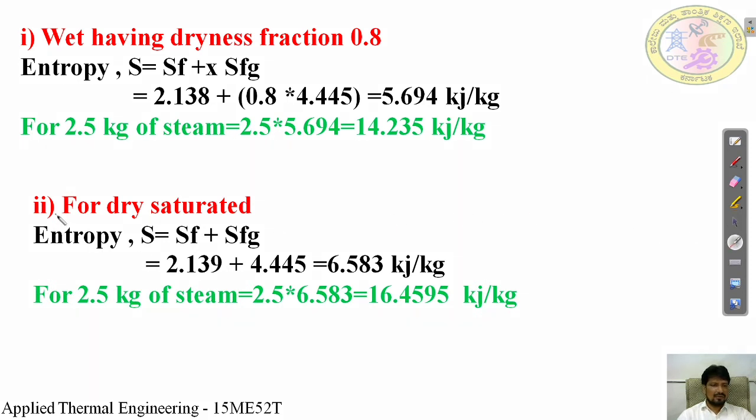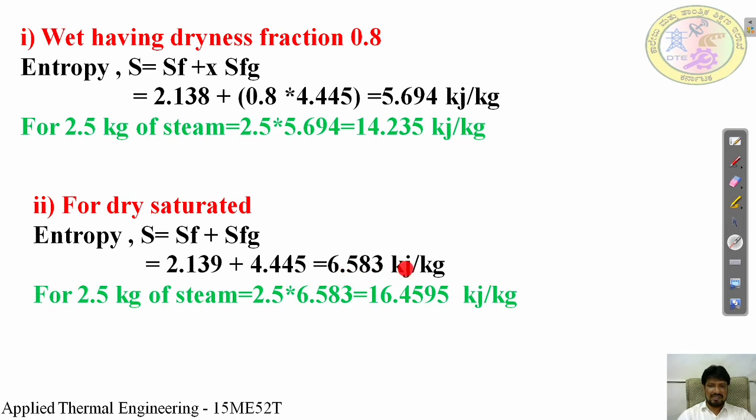For dry saturated steam, we know the formula: S is equal to Sf plus Sfg. Here Sf from the steam table is 2.139 plus Sfg is 4.445. Adding these two, you will get 6.583.